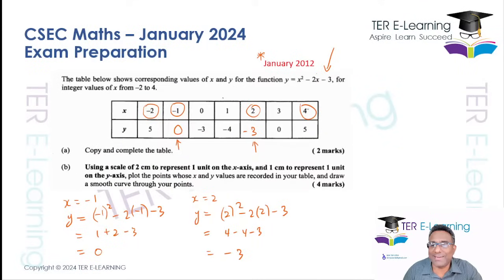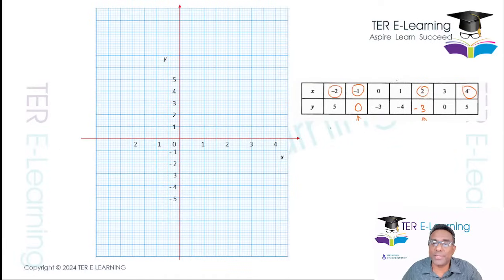On the x-axis, it is 2 cm to represent 1 unit. On the y-axis now, it's 1 cm to represent 1 unit.